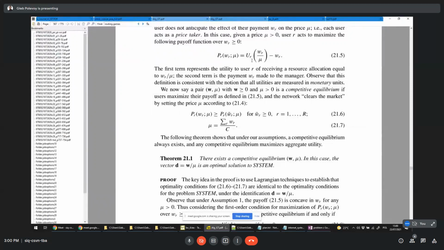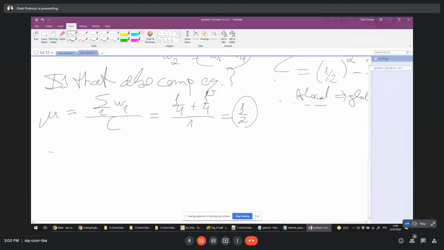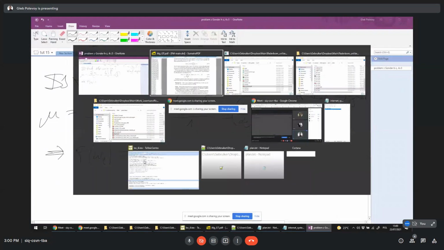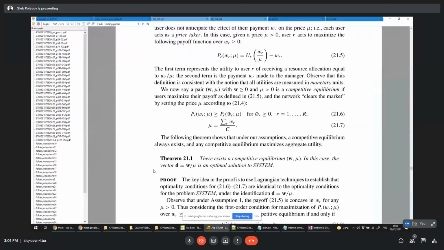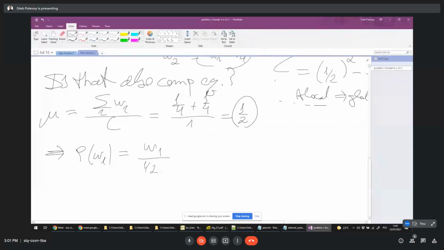So that's simply the mu of W divided by... the function is simply P of W1 is equal to this identity function of W1 divided by the price, mu, which is half, minus W1. Agree? Which is twice W1 minus W1, so it's W1. And of course, the same for P of W2.